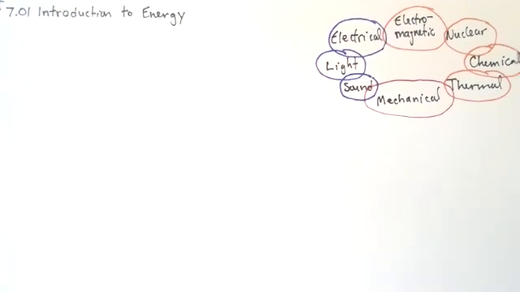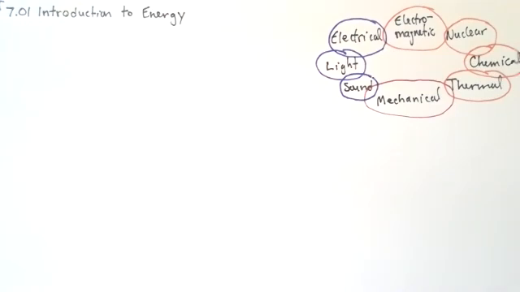So to determine if energy is present or not, a lot of times we have to compare it to something else or see a person in context. That's also true for all of these kinds of energy. I can't just dip my finger into this mechanical energy bubble and tell if I've got mechanical energy present. I have to either compare it to something else or see it acted out.